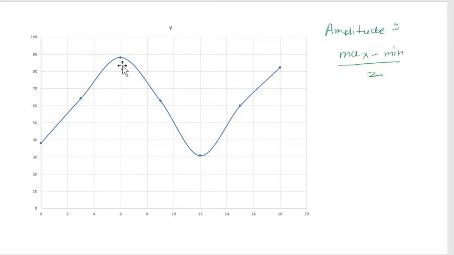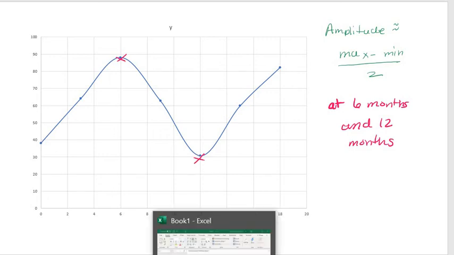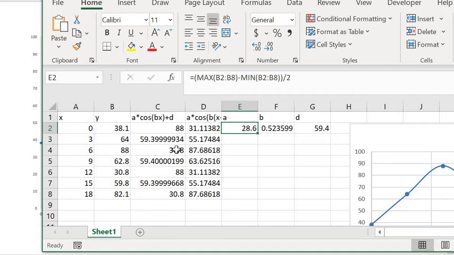You take the maximum height that you see and your minimum height that you see and divide by 2. So if I look at the graph, the maximum value is right here and the minimum value is right here, around x equals 6 and x equals 12. So if I go back to the data, I see that x equals 6 is right here and x equals 12 is right here.